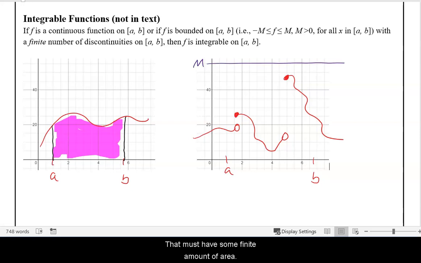That must have some finite amount of area. That's what they mean when they say if the function is continuous over the closed interval, then it must be integrable over that closed interval.